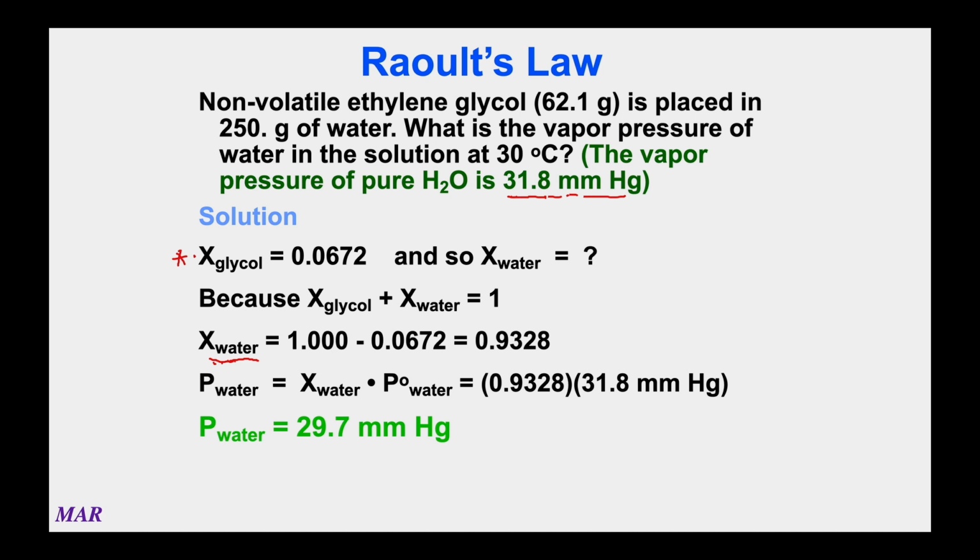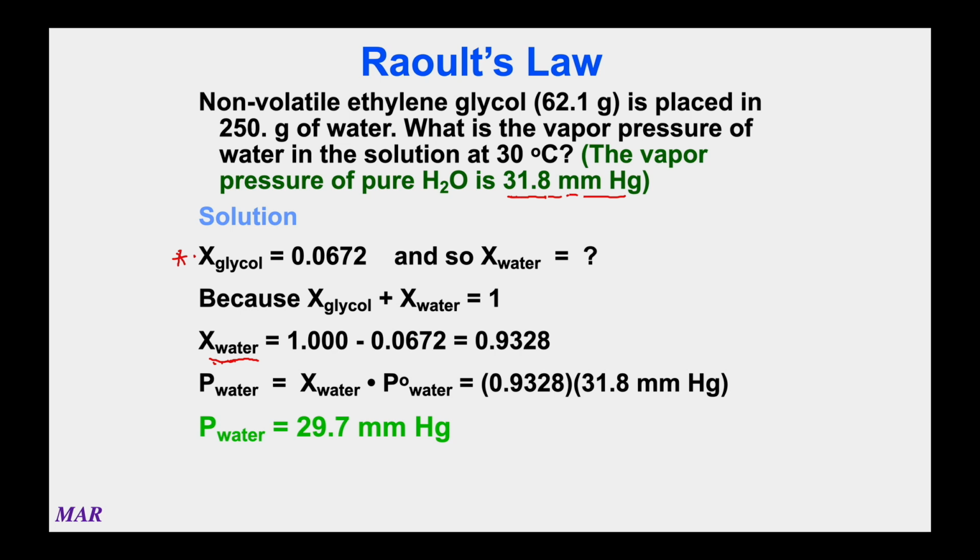That's a smaller number than 31.8. So what this is saying is that in the ethylene glycol solution, the water's vapor pressure is only 29.7. It was 31.8 millimeters of mercury in pure water, but because the solute, the ethylene glycol, is there, it's blocking the water from getting into the gas phase. So the vapor pressure has gone down in the presence of ethylene glycol.